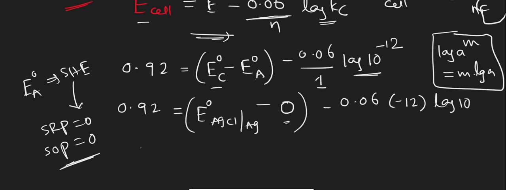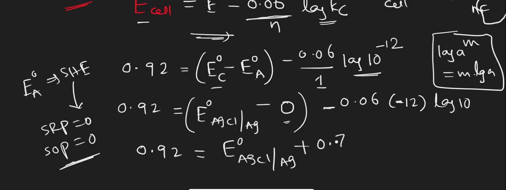Clear? Now, upon simplifying, 0.92 equals E naught of silver chloride, silver, that means the standard electrode potential of the silver electrode, minus this one, minus here minus 12 will be there. So minus into minus will be plus, and 0.06 into 12 will be 0.72. 12 sixes are 72.